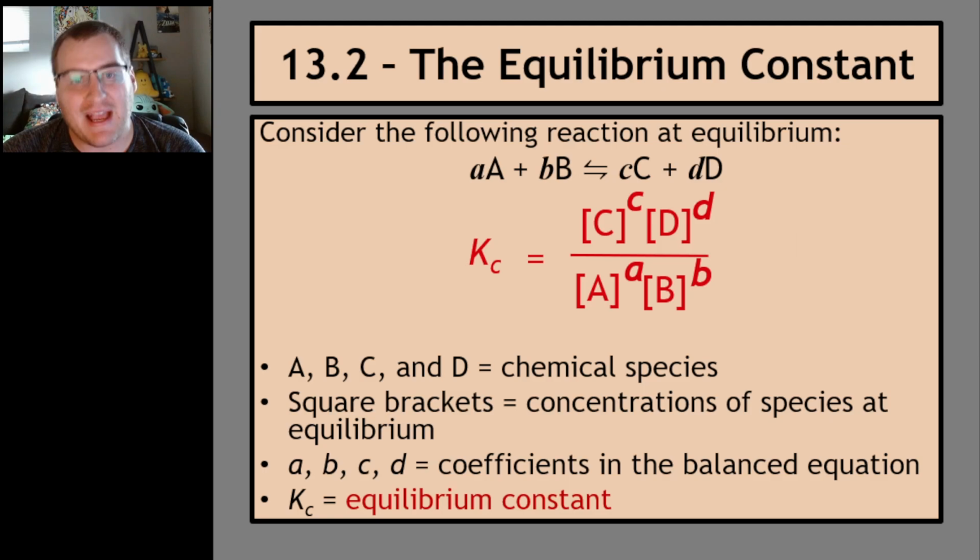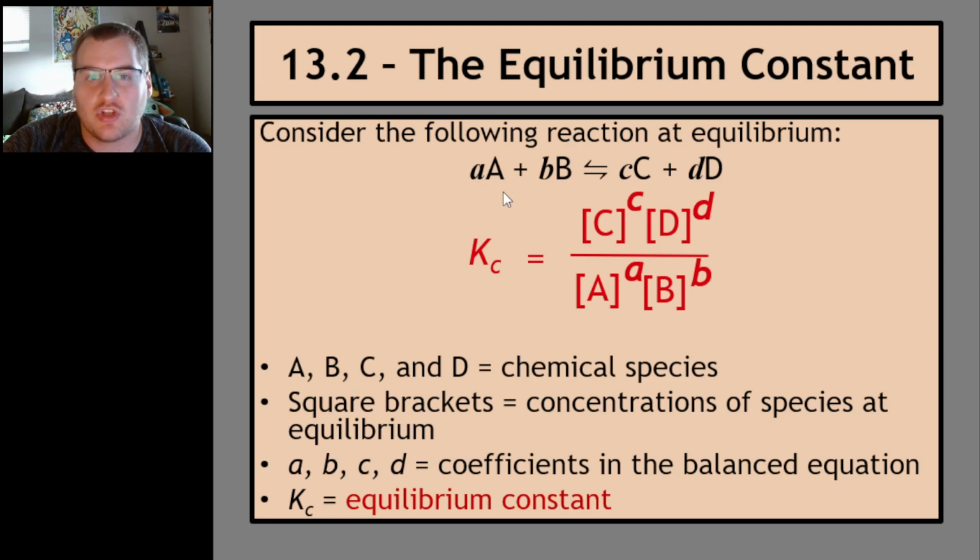Okay. Past the definition, talking about the equilibrium constant now. So we have the following reaction at equilibrium. Yours may say something slightly different than this because I messed up, but that's okay. Your reaction here should say little a, big A, plus little b, big B. The little a is just talking about the coefficient.